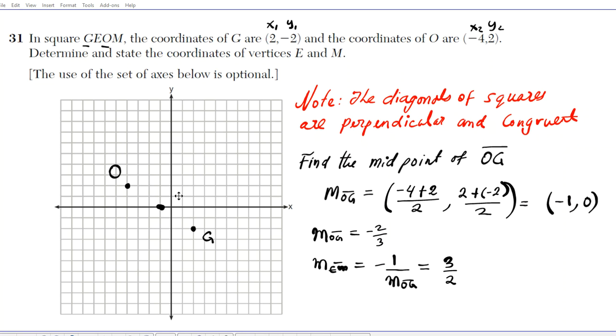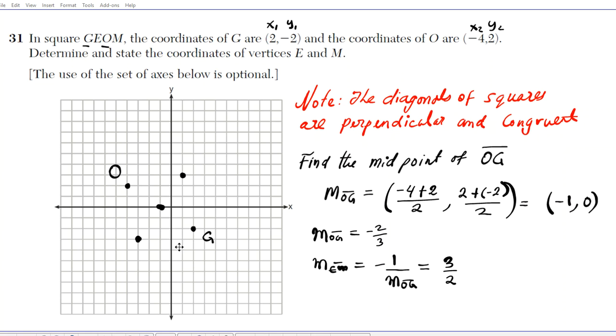So we have G, E, M. If I want to find E, I'll start from here. I'll rise 3 and go over 2. That's one vertex. Rising 3 and going over 2 is the same as going down 3 and backing up 2. So for the last vertex, I'll go down 3 and back 2.